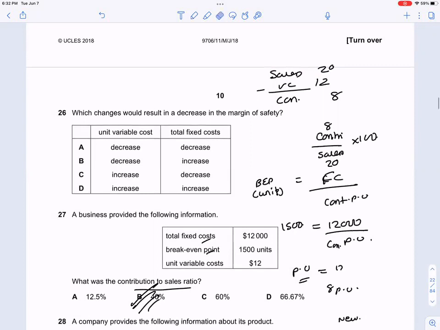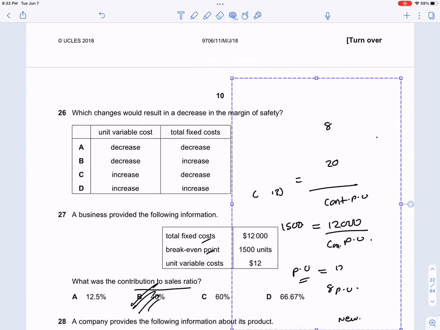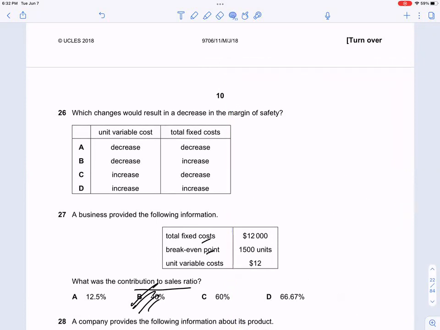Let's go to the 26th one. What changes would result in a decrease in margin of safety? What is the formula for margin of safety? Actual sales minus break-even sales. What would result in a decrease in margin of safety?